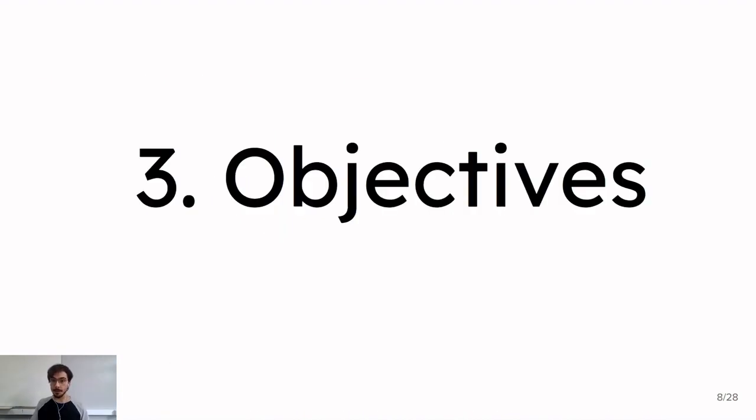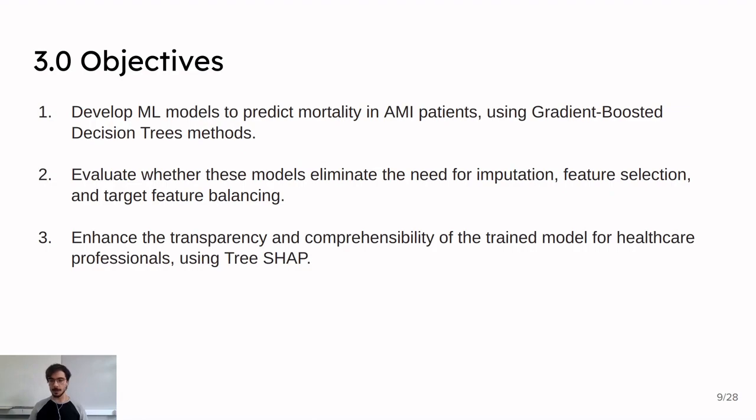So next, based on the studies that support and motivate this work, we have the following objectives. First, we aim to develop machine learning models for predicting mortality in AMI patients, using primarily gradient boosted decision tree methods like XGBoost, LightGBM, and CatBoost. With this, we hypothesize that using simple algorithms for preprocessing may limit the ensemble boosted tree model's performance.